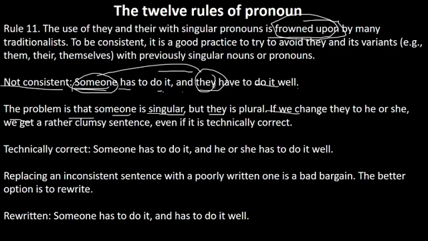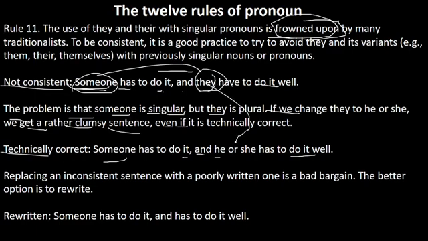If we change "they" to "he or she," we get a rather clumsy sentence, even if it is technically correct. "Someone has to do it, and he or she has to do it well," instead of "they."